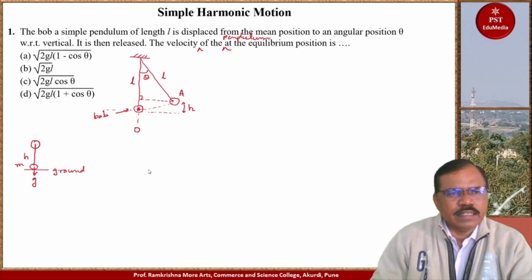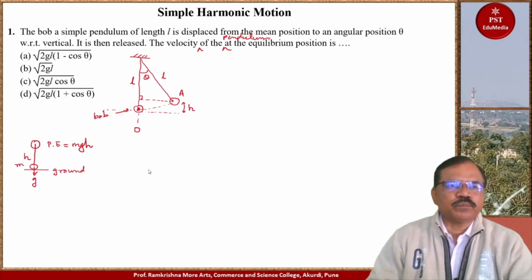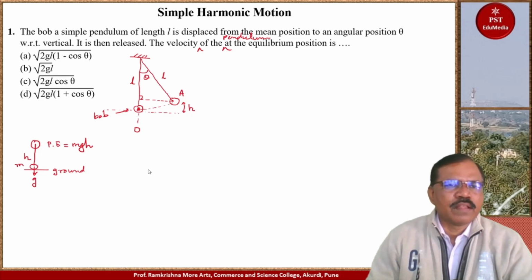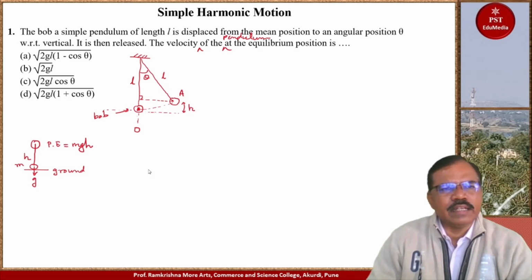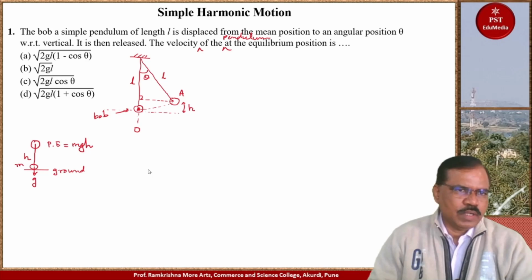Suppose this height is h, then the potential energy is equal to mgh: mass, acceleration due to gravity, and height h through which it is displaced upward. So at this position the potential energy is this.